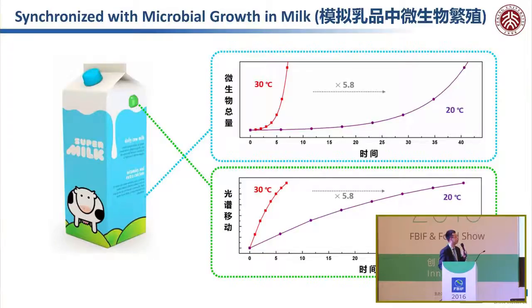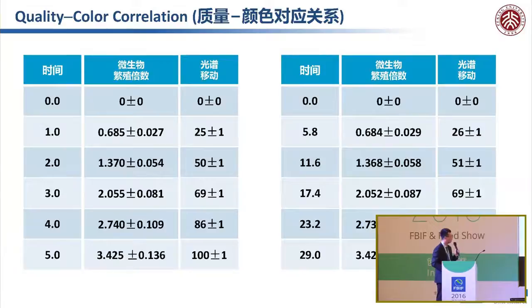At a lower temperature, 20 degrees Celsius, the time would be almost 6 times longer. So with this data, we optimized the recipe of our TTI to make sure the TTI is equally sensitive to temperature. You can see the time difference is also almost 6-fold.